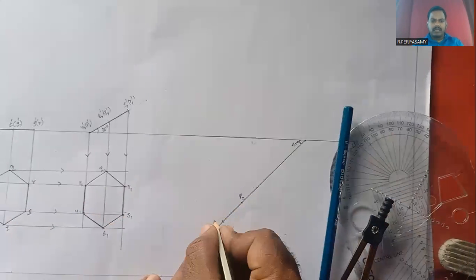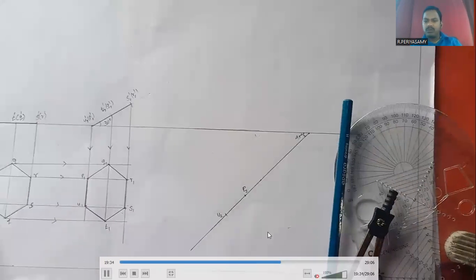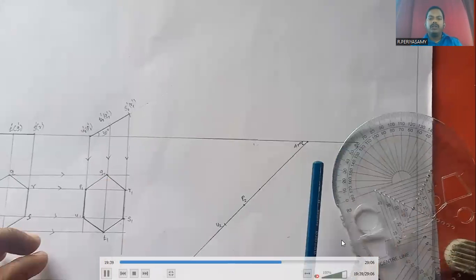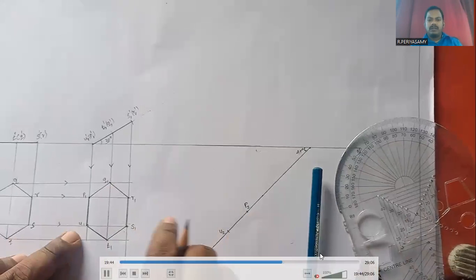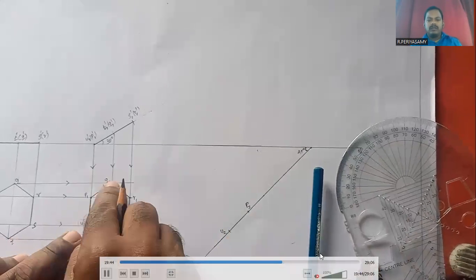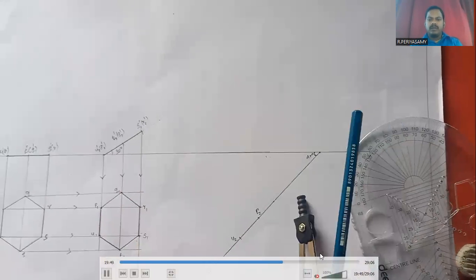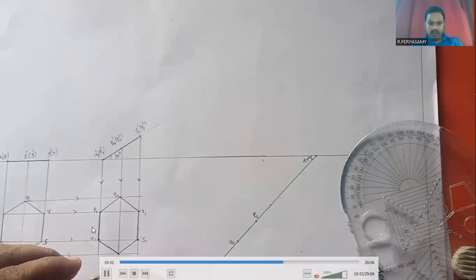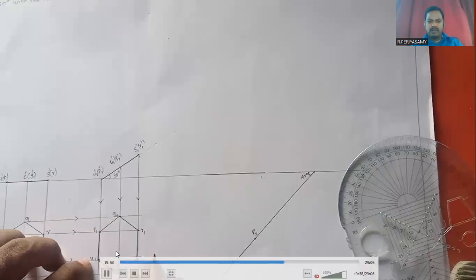Next, I want to draw R2 and S2. For that purpose, I have to draw a perpendicular line at the P2 and U2 points. For the perpendicular, I use the protractor because the P1 U1 and P1 R1 lines are in the same line, and here U1 S1 is in the same line.